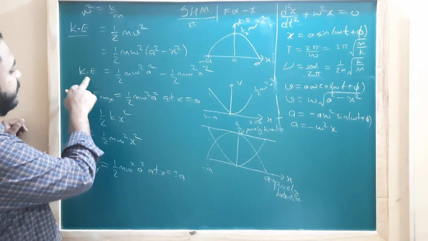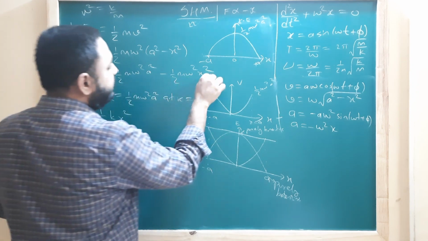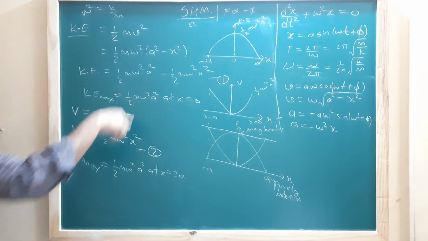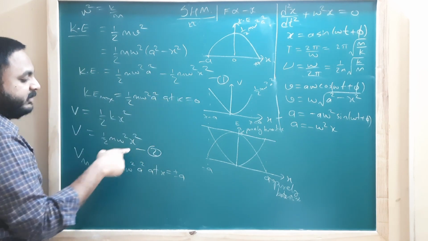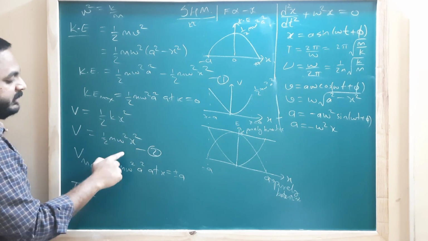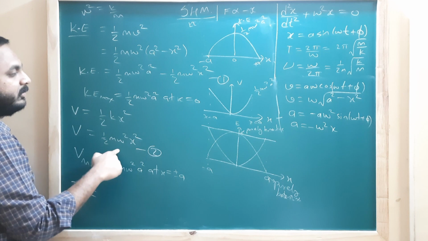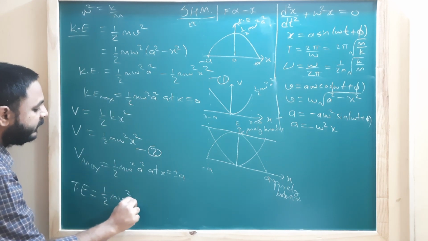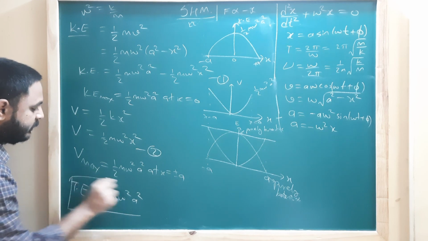And if we look at it from here too, this is the term for kinetic energy, let's call this equation 1, and this is the term for potential energy, add 1 and 2. If you add equation 1 and equation 2, total energy will be equal to, this is positive, this is negative, these two cancel, what remains? Half m omega square a square.